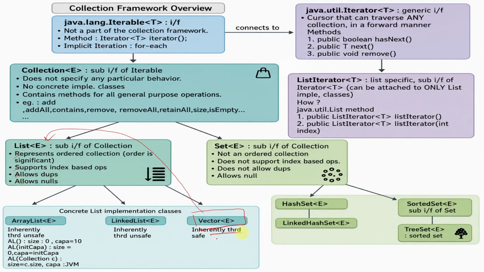And see here, it is inherently thread safe. That means with the help of synchronization, Vector is providing thread safety and thereby is somewhat slower in performance. So we should use Vector where we need multi-threading, concurrency.